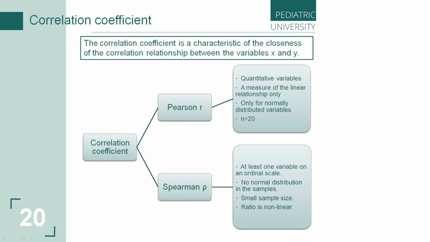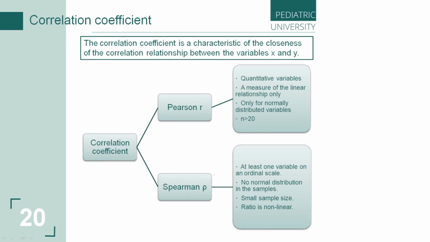We use it when the data is not only quantitative but on an ordinal scale, for example a pain scale in medicine. There is no requirement for a normal distribution, and it can be used when the sample is small or the relationship is non-linear. But if there is a normal distribution in our case, it's still more correct to use the correlation coefficient designed for a normal distribution, because it's more powerful.